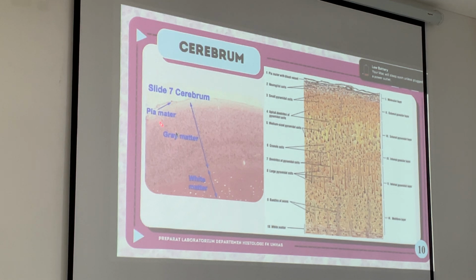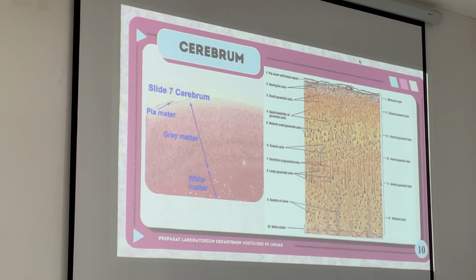Okay, these gray matters, which we call cortex cerebri, will be connected to the sheets. These sheets are called pia mater, which is the cover.